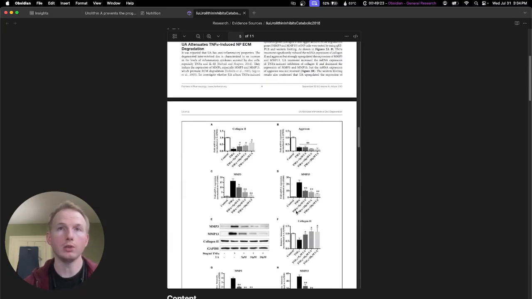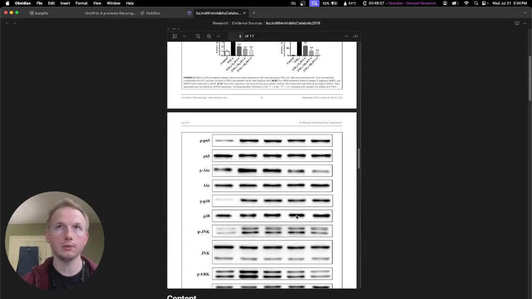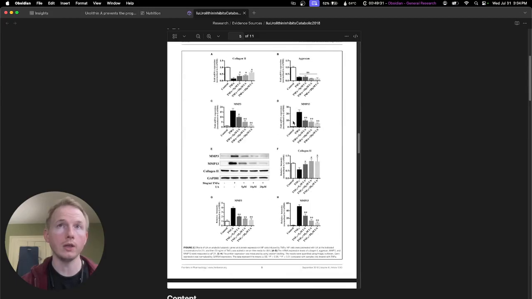I guess mechanisms are interesting, but right now I'm not so concerned about mechanisms, or a lot of in vitro work. A lot of in vitro work uses fairly high concentrations, or concentrations that I don't know how realistic they are to target.